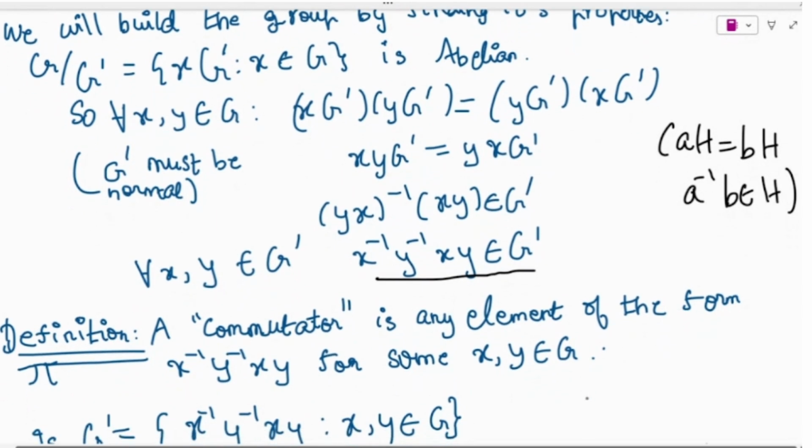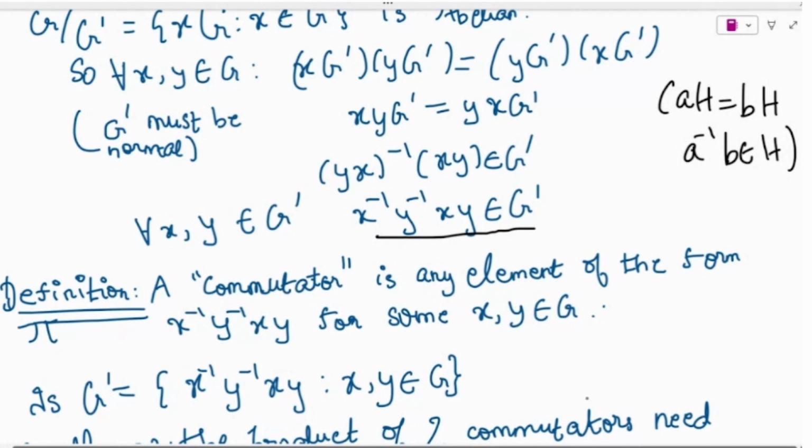Now, if we collect all the commutators, will it be the required group? Let's check. For a subgroup, what are the things we need to check if G dash is a subgroup? First, we need an identity. Can the audience tell me, will the identity always belong to G dash as I defined it, the set of all x inverse y inverse xy?